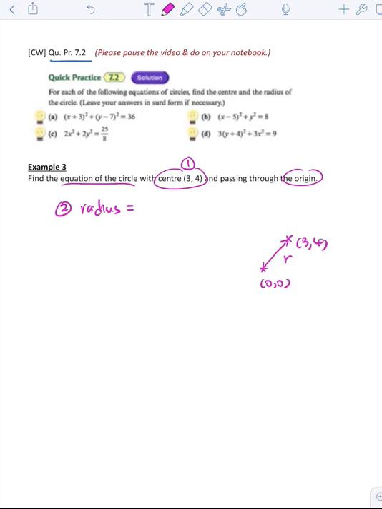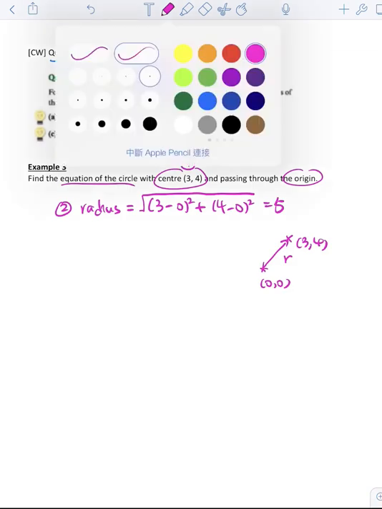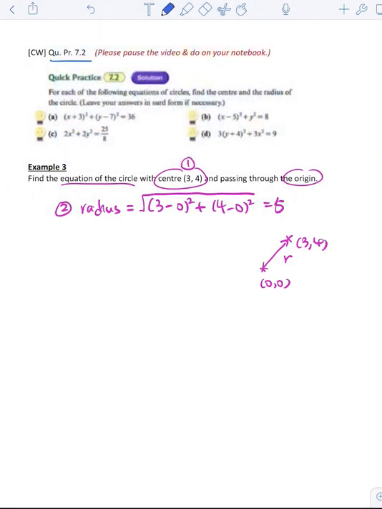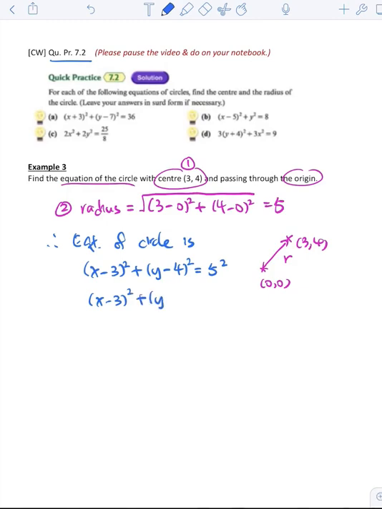So the radius can be found by the distance formula. The radius is 5. And then you can find the equation of the circle. And this is the answer.